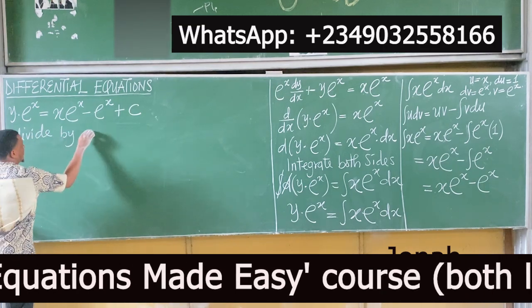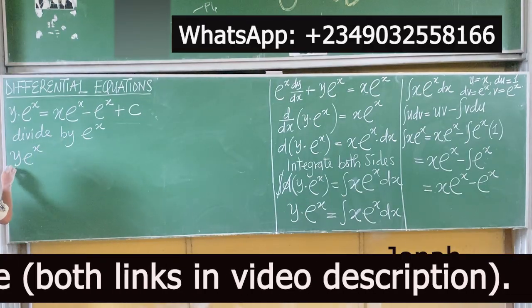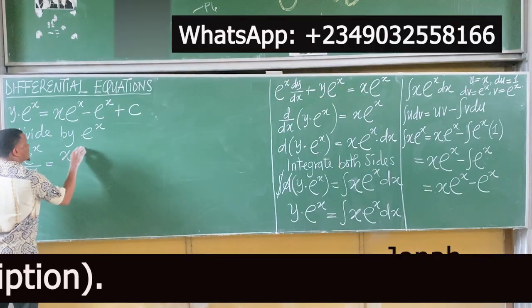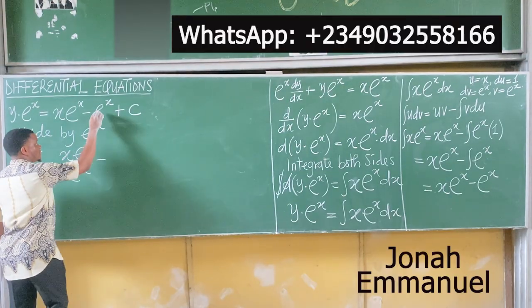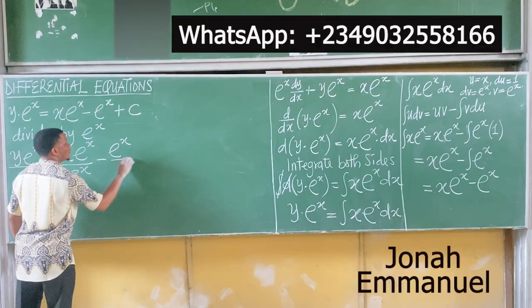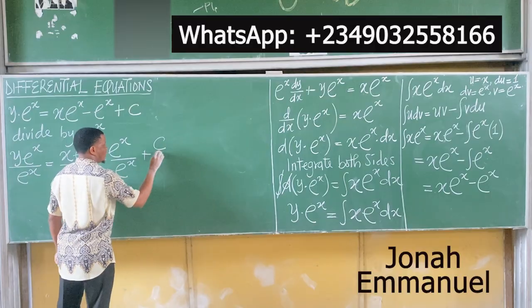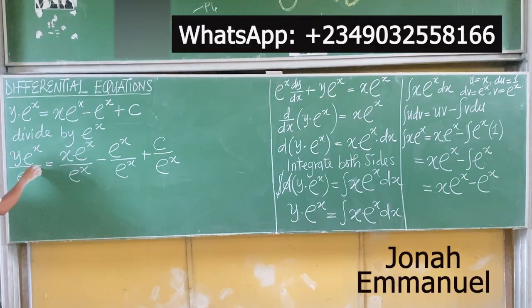Divide by exponential x. So you have y exponential x all over exponential x, equal to x exponential x all over exponential x, minus this one here, exponential x all over exponential x, plus this one here, c all over exponential x. This cancels this, so y is equal to x.